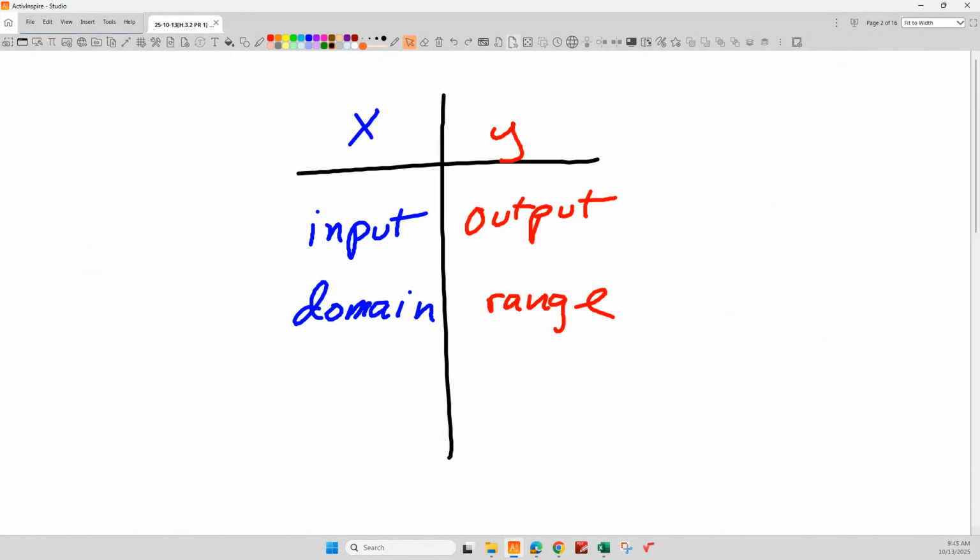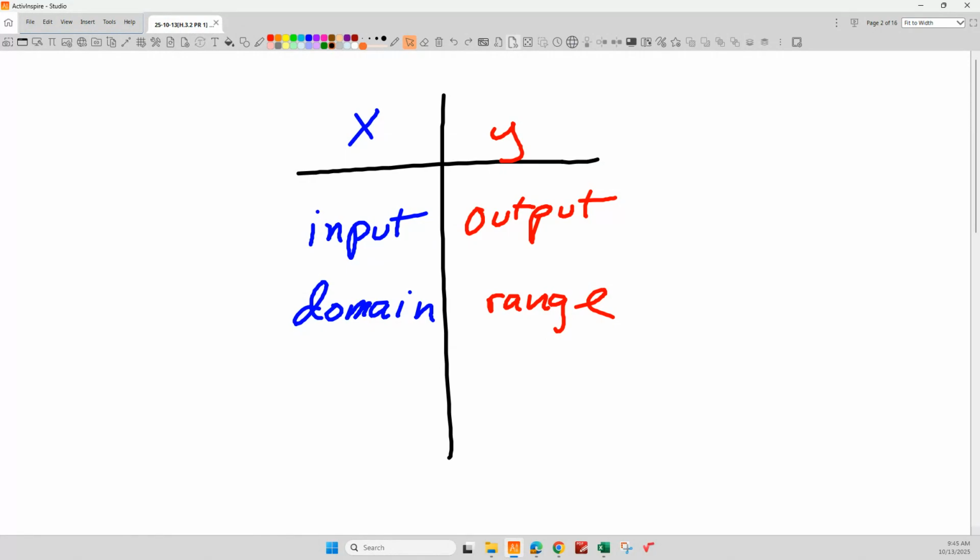Oh, and then I want to leave off with this. We never quite got to this though. So we've got to keep all this stuff straight, right? We've got ordered pairs, usually our variables are x and y. We've got inputs and outputs into these relations. And then we said that the set of all inputs was called the domain, and the set of all outputs was called the range. Well, it's really easy to keep track of which goes with which, because all of these occur in alphabetical order.